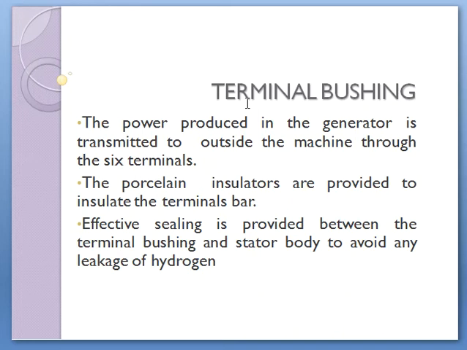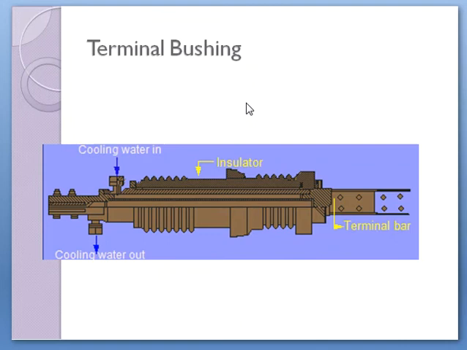So the stator terminals are connected with the porcelain bushings. These provide proper insulation. Effective sealing is provided between the terminal bushings and the stator body to avoid leakage of hydrogen. Now this is the terminal bushing.